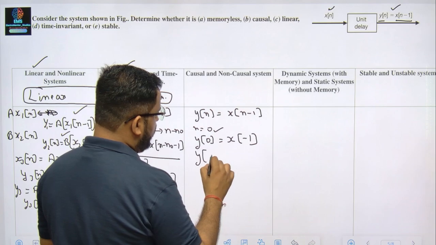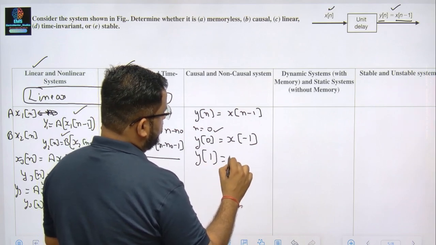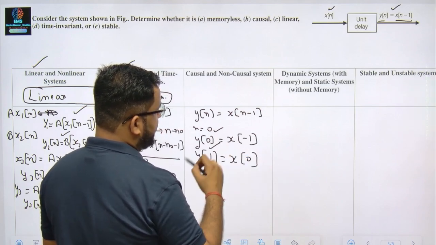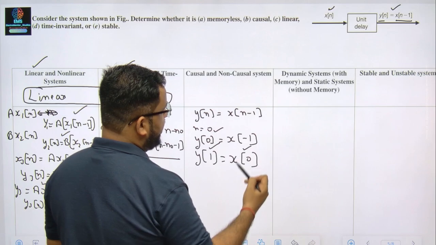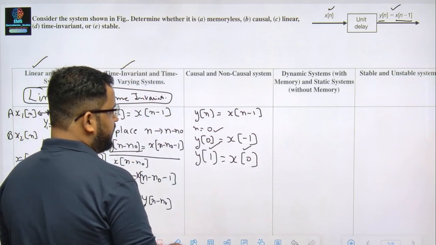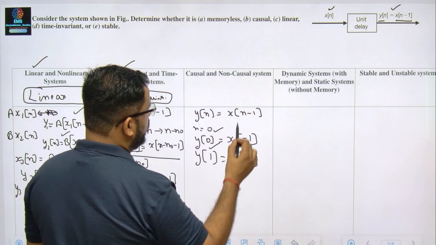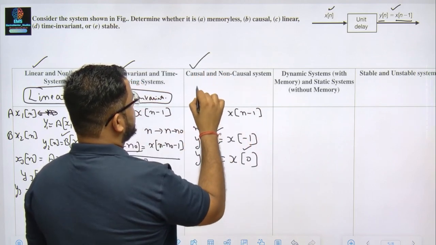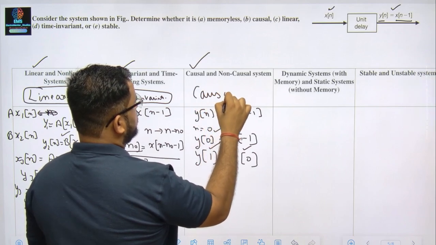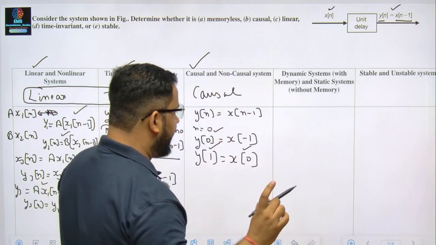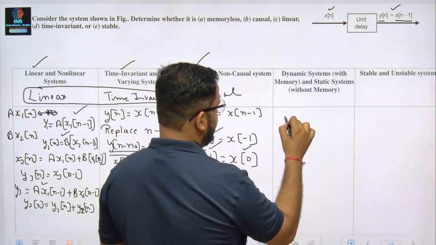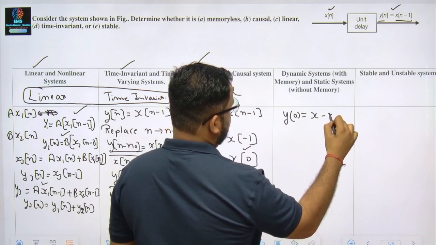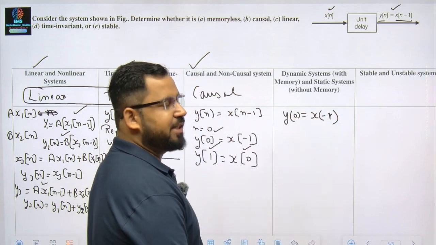Let's put n equals 1: y[1] will be dependent on x[0]. My present output is dependent on my past input. So in this system, there is no future concern, and the system becomes causal.